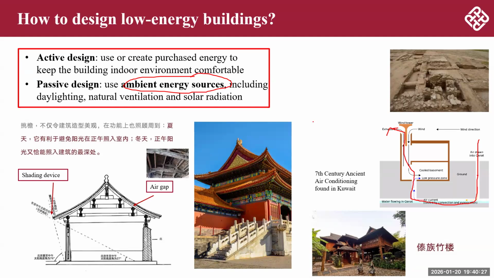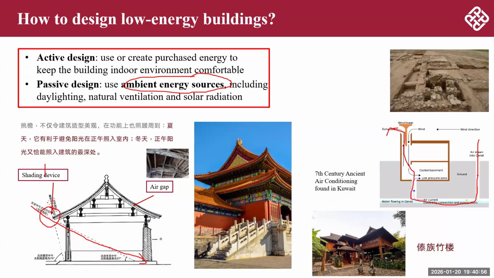Even for the Forbidden City, the palaces, you see the design. For the tiling, the roofing system, the tiles' position, they consider the sun position. So in winter, daylight will be introduced into the interior space, and also warm the building.